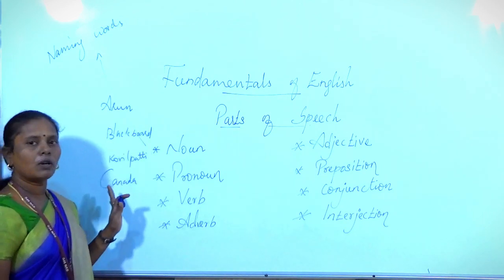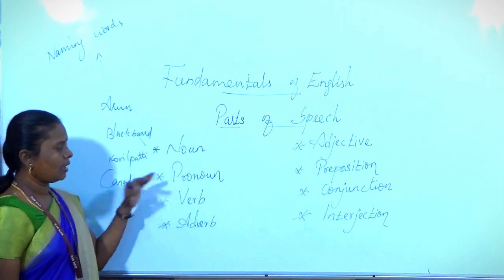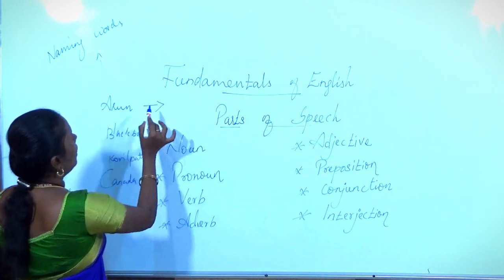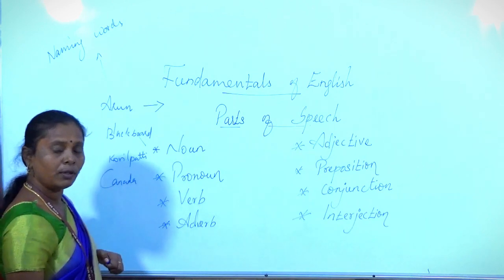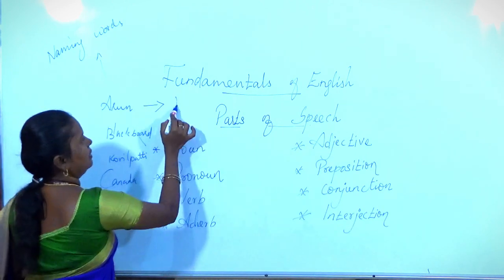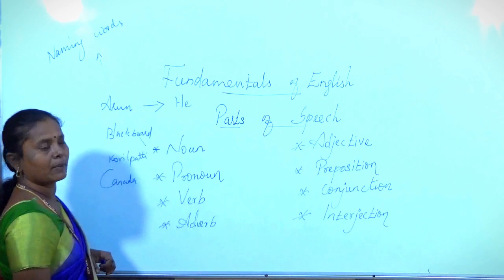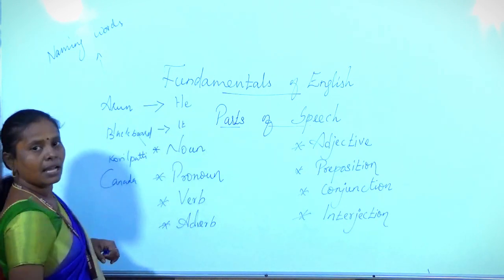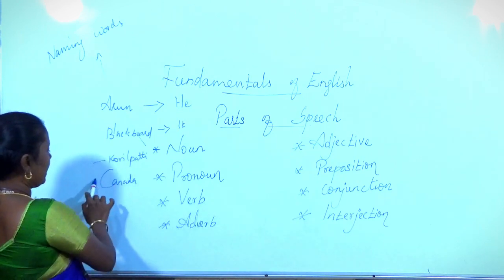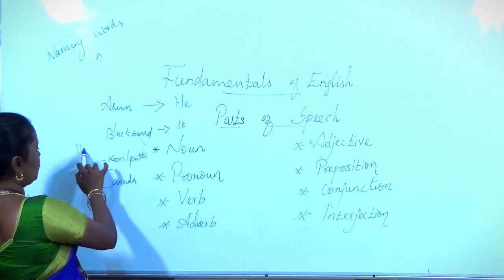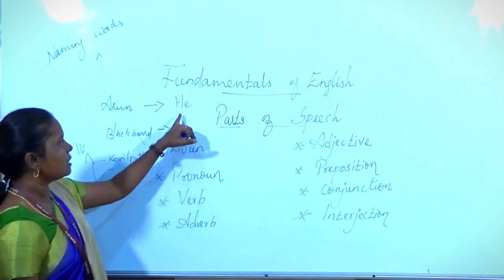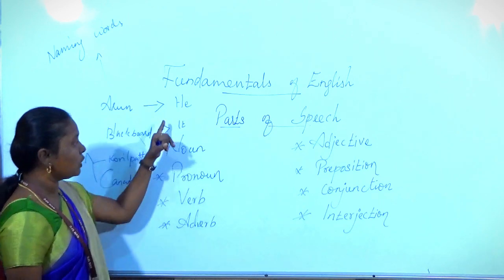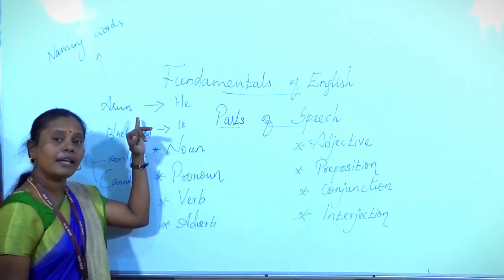So these are called nouns. And pronoun: instead of Arun, we can say he. Instead of blackboard, we can say it. And instead of these places, we can say it too. So these words, he, it, are the pronouns, which are used to refer to a name.